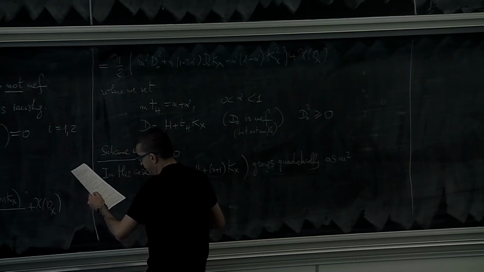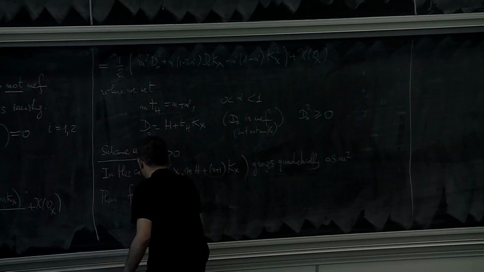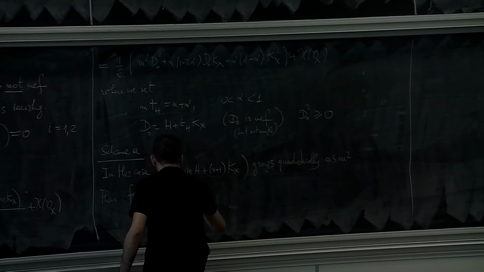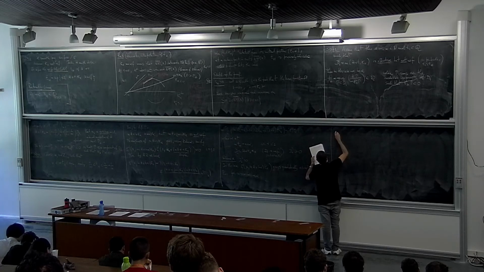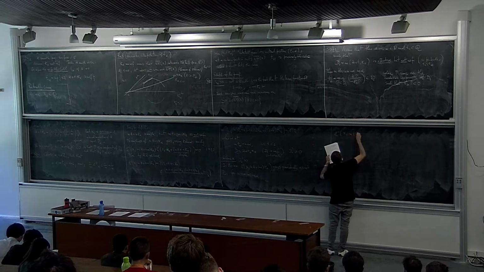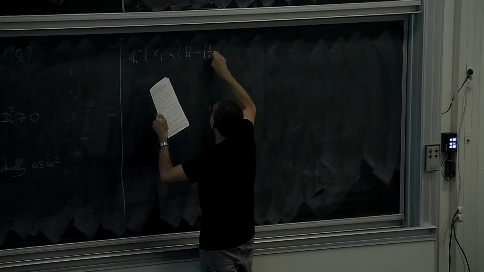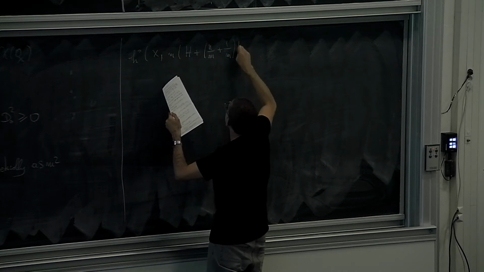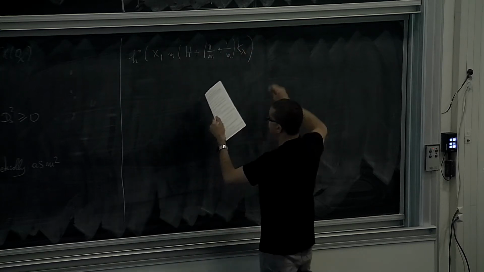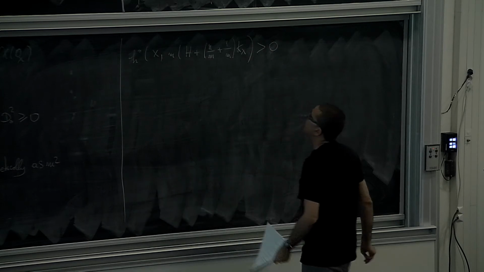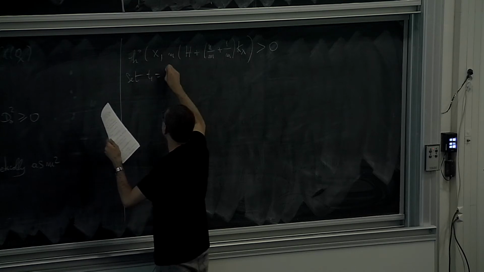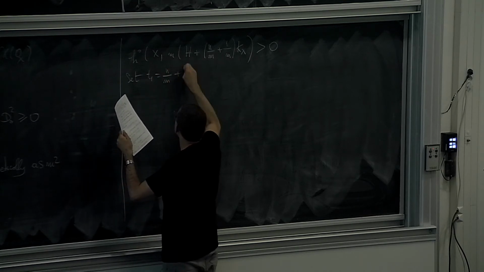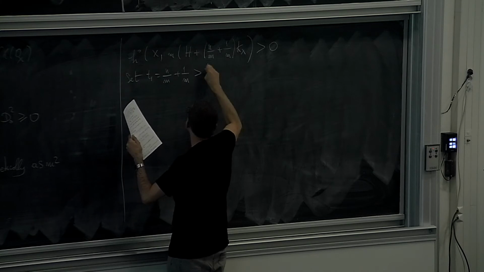Then for m big enough, we have that h0 of x, m h plus n over m plus 1 over m k x, is strictly bigger than 0. Now set T1 equal n over m plus 1 over m, which is bigger than Th.